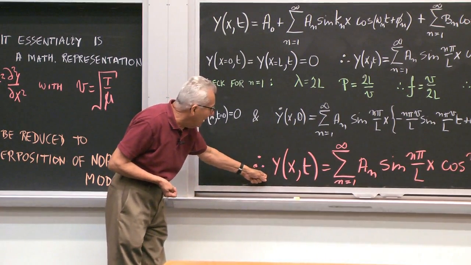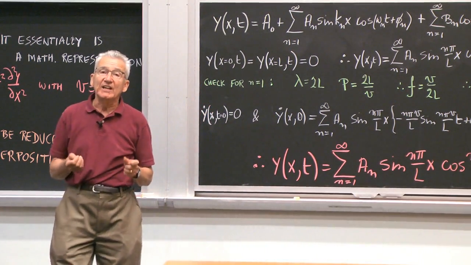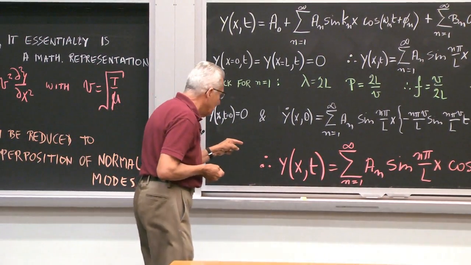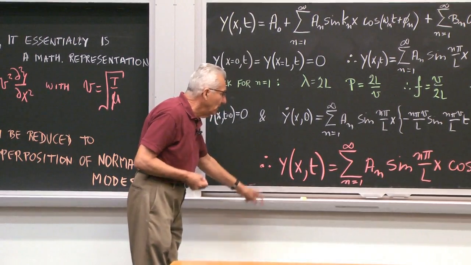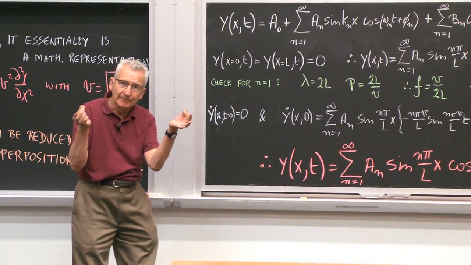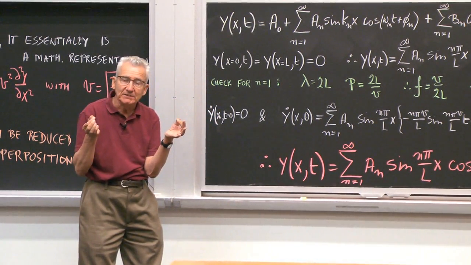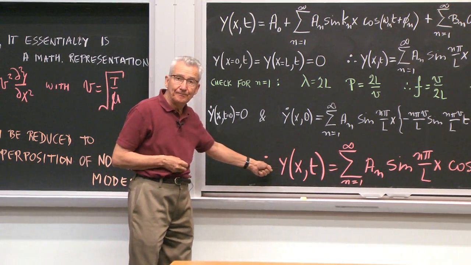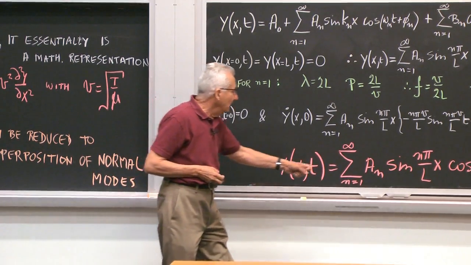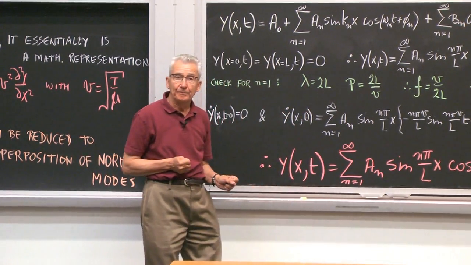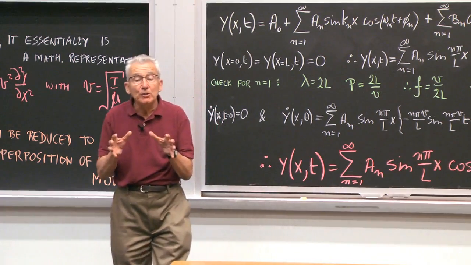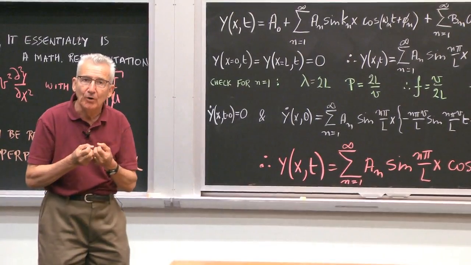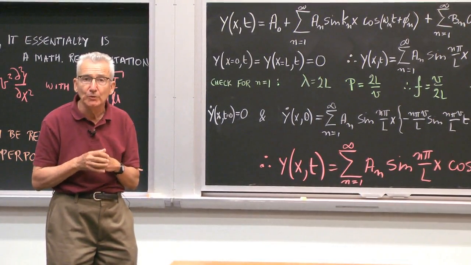We've ended up with the general equation which describes a string of length L, tied at both ends, stationary at t equals 0, which is this. The a_n is still to be determined. We have not yet made use of the shape of the string at t equals 0. That's what we'll do next.